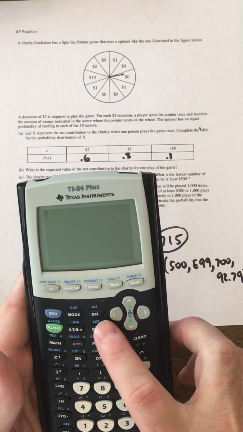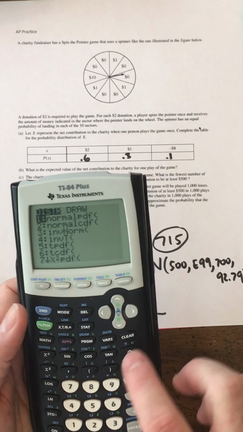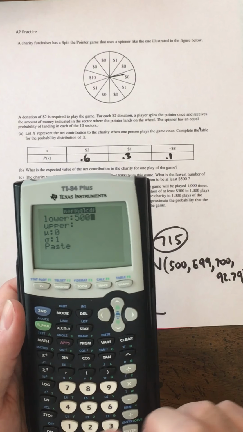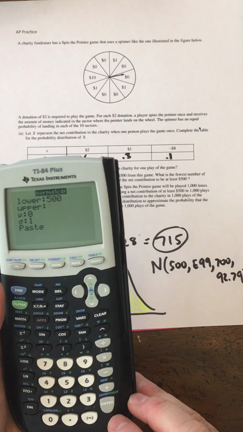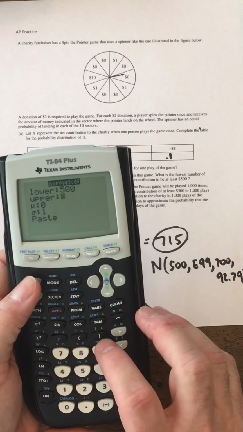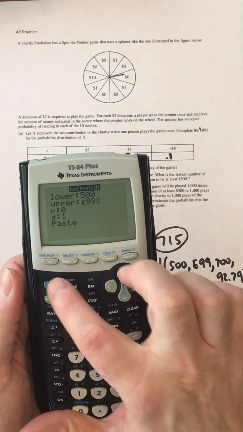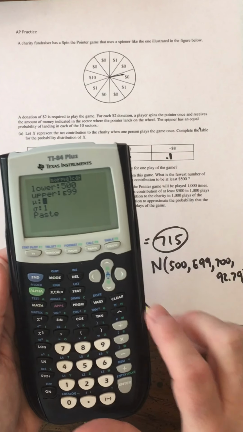Let's see what that gives us. If you go to your distribution, second vars, normal CDF, you're going to go from 500 up to E99, which is infinity. Remember, to get to the E, you do second and the comma. And you have to put in the mean.